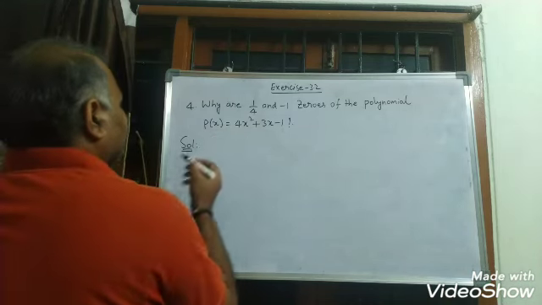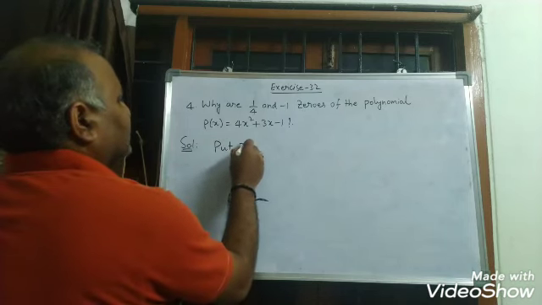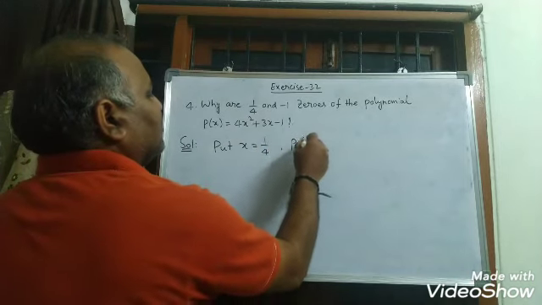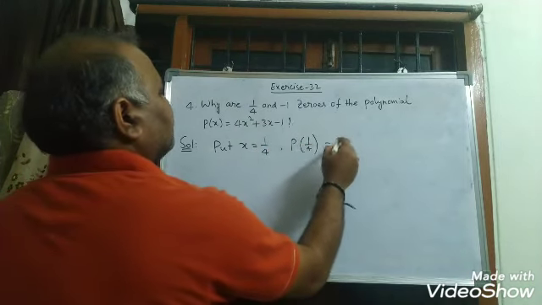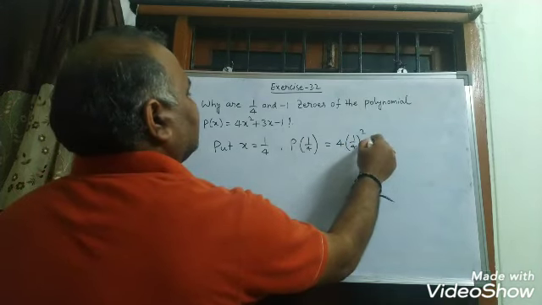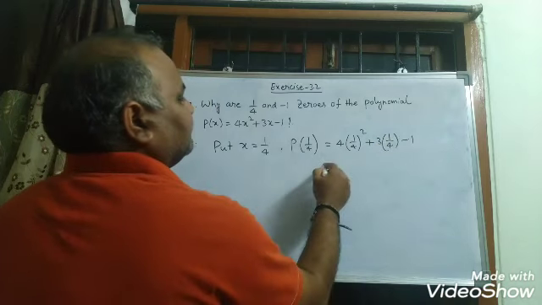See, let us take the first value, put x equal to 1 by 4. Then p(1 by 4) is equal to 4 into (1 by 4) whole square plus 3 into 1 by 4 minus 1.